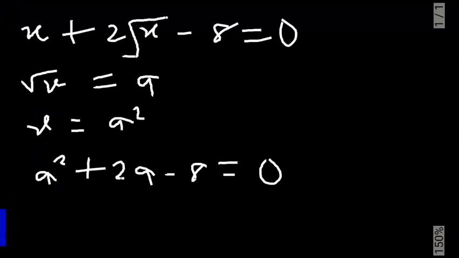We can solve this by factorization because we have minus 8 and the coefficient of a squared is 1. So we have 1 multiplied by minus 8, that is still minus 8. We need the factors of minus 8 which, when added, would give us plus 2.